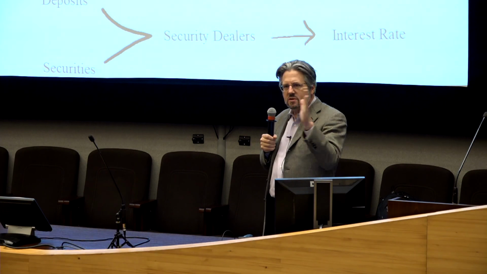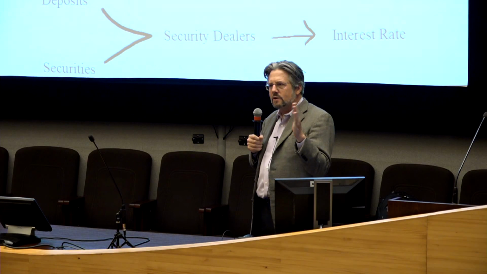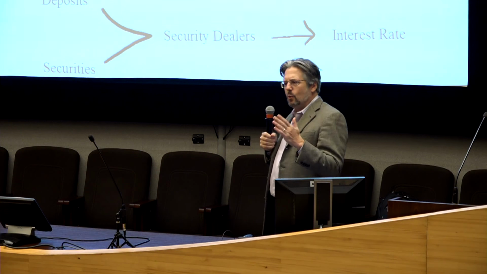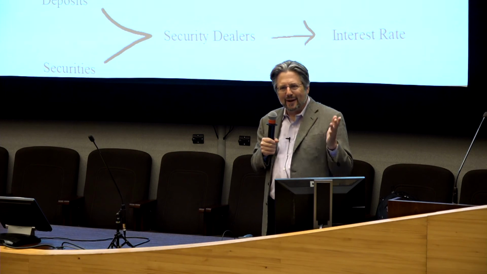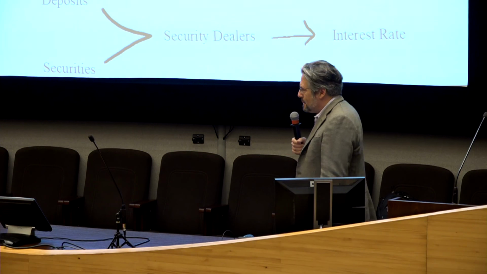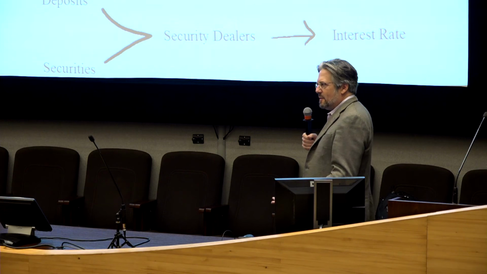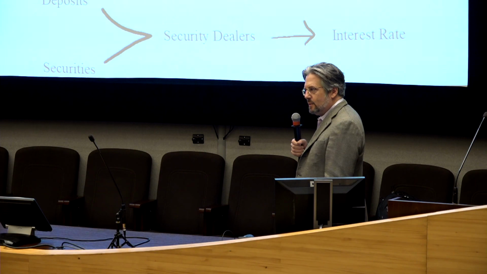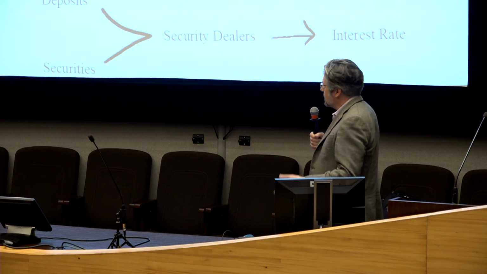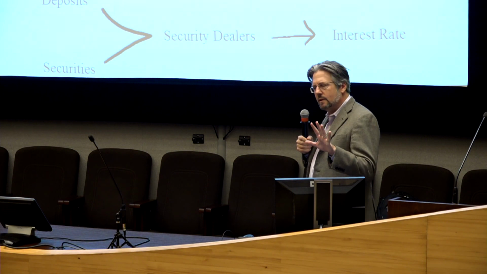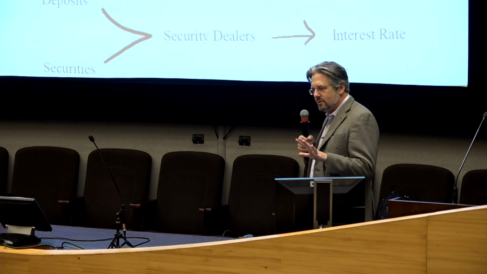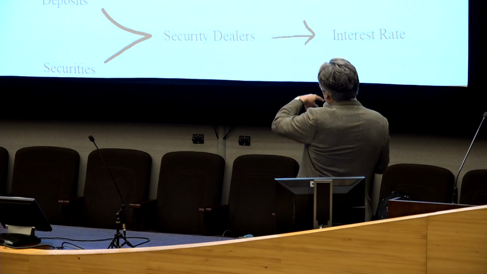This sources and uses way of understanding the world works for every level, but what counts as credit and what counts as money depends on who you are. For me, money is a liability of the banking system. For the banking system, money is a liability of the Federal Reserve, and so forth. That's familiar. We've done that before. What I want to draw attention to now is the right-hand column.